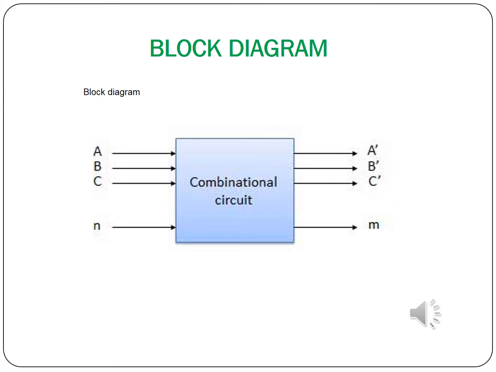It has n input variables coming from an external source, whereas the m output variables go to external destinations. In many applications, the sources or destinations are storage registers. A combinational logic circuit performs a specific information processing operation, fully specified logically by a set of Boolean functions.